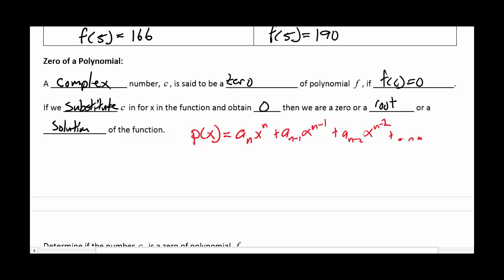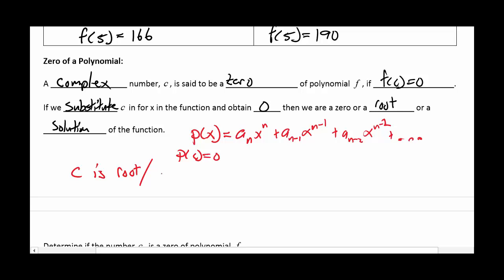Basically I've got a polynomial that has coefficients and variables, like 3x to the fourth plus 7x cubed minus 4x squared minus something, right? If I know that p of c is 0, then I know a couple of things. If I have a number that when I evaluate it in that function I get a 0, I know that c is considered to be a root of the function.